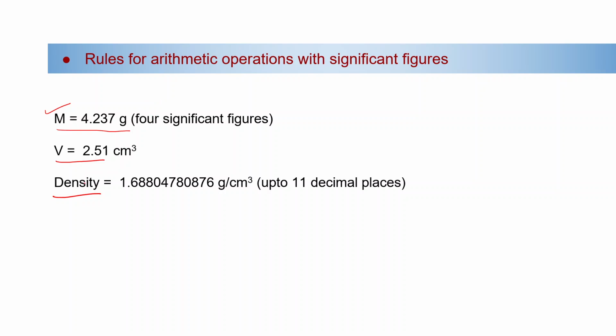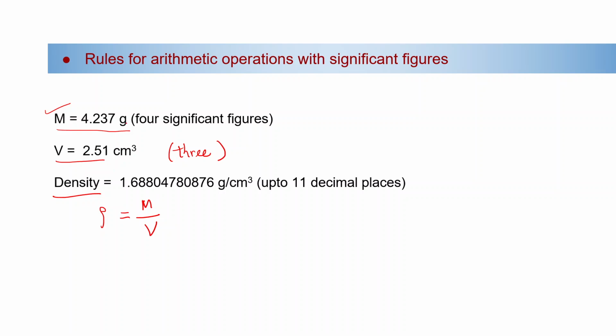So what do we have to consider when we are calculating density, because density we know we take as the ratio of mass to volume. For mass we have four significant figures, for volume we have three significant figures, right? 2, 5, 1.